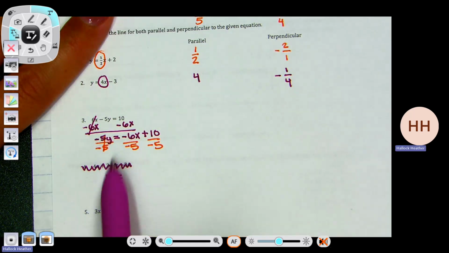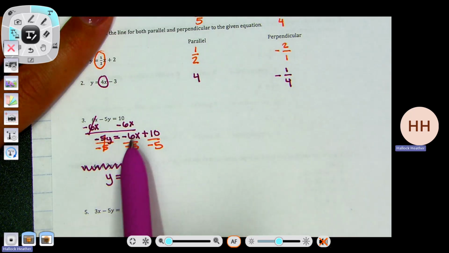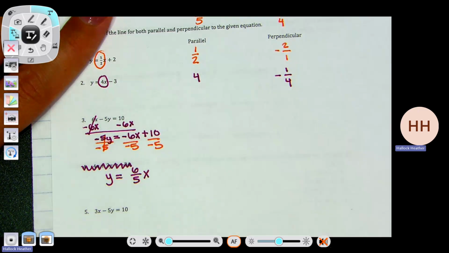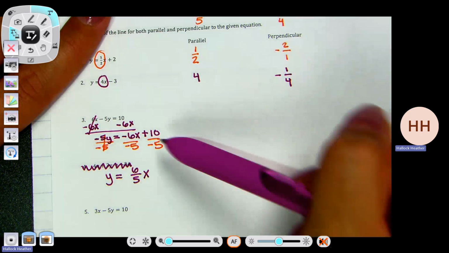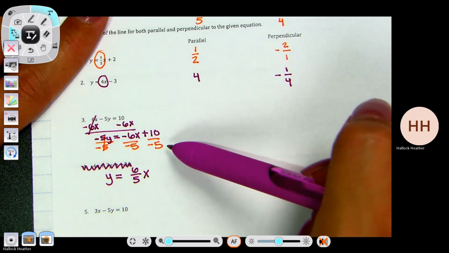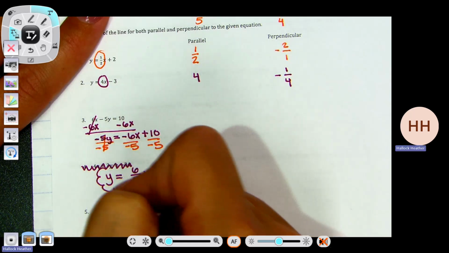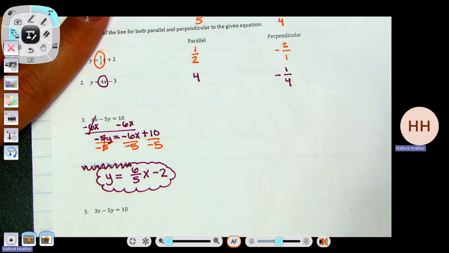I bring down my equal sign. -6 over -5 does not go in evenly, but 2 negatives will make a positive, so I'll bring it down as 6/5 x. And then what is positive 10 divided by -5? -2. So now it's actually in slope-intercept form.